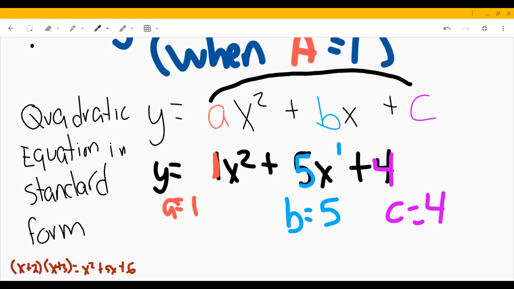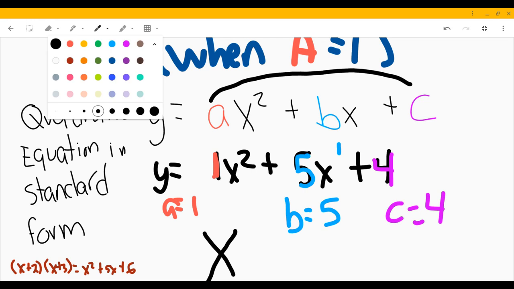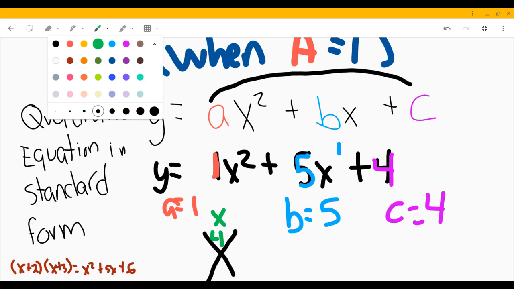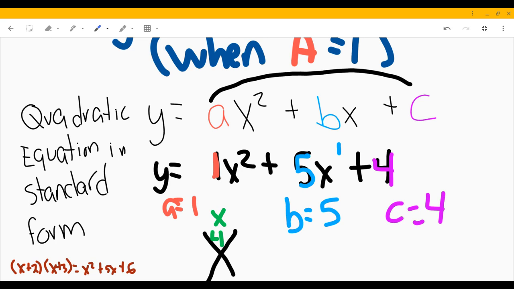So with the AC method, we're going to be trying to see what two values. Let's multiply A and C. So 1 times 4 is 4. So what two numbers multiply to 4 that add up to the B value, which in this case would be 5?